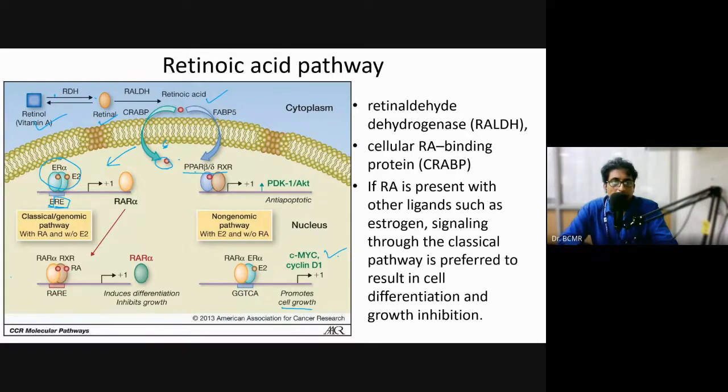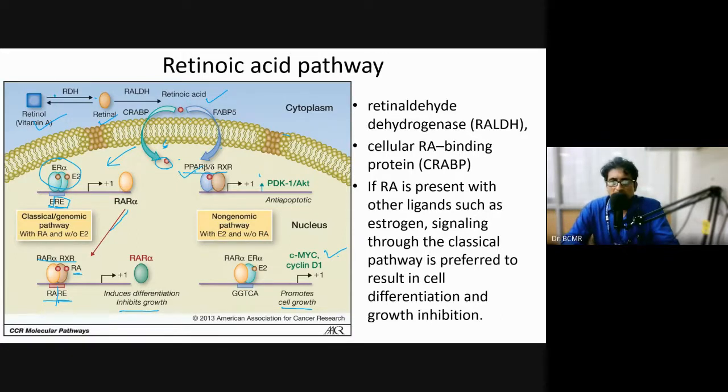So in this case, when retinoic acid is bound, the RAR RXR complex induces the transcription of genes that are involved in differentiation and inhibits growth. Okay, this is the classical pathway, at least in one case.